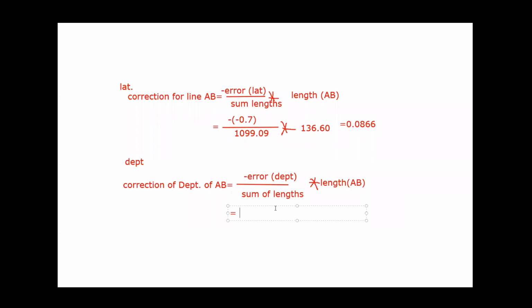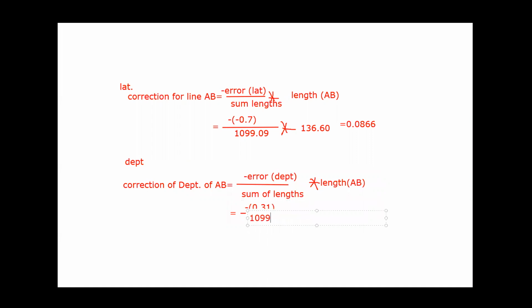So negative the error, let me, what is the error in the departure? Hold on, I think, yep. Okay, great. I thought I switched the sign. So the sum here is 0.31, and then the sum of the lengths will be the same.